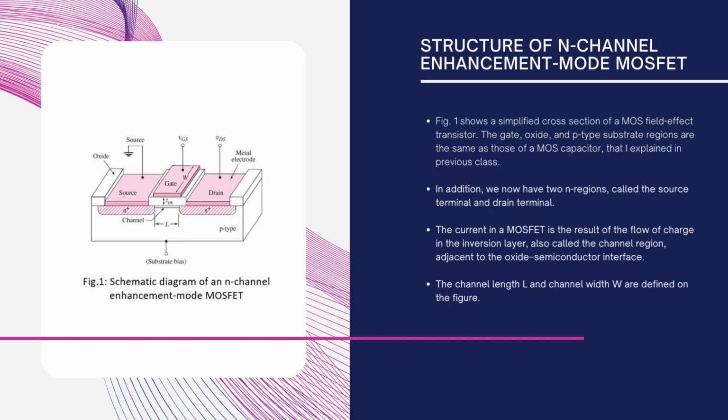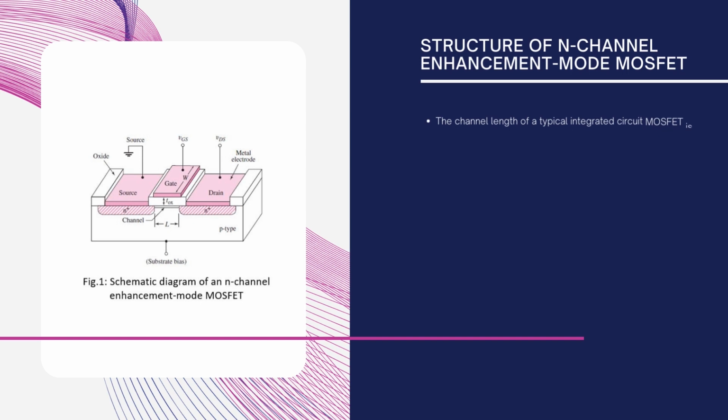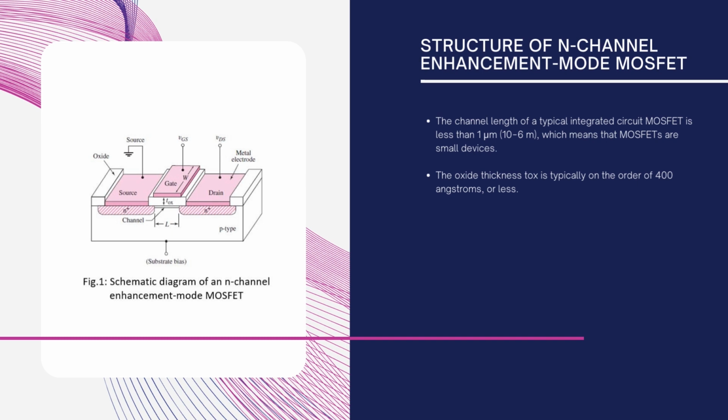The channel length is represented as L and the channel width is represented as W, as they are defined in the figure. The channel length of a typical integrated circuit MOSFET is less than 1 micrometer, that is, less than 10 to the power of -6 meter, which means that MOSFETs are very small in size.